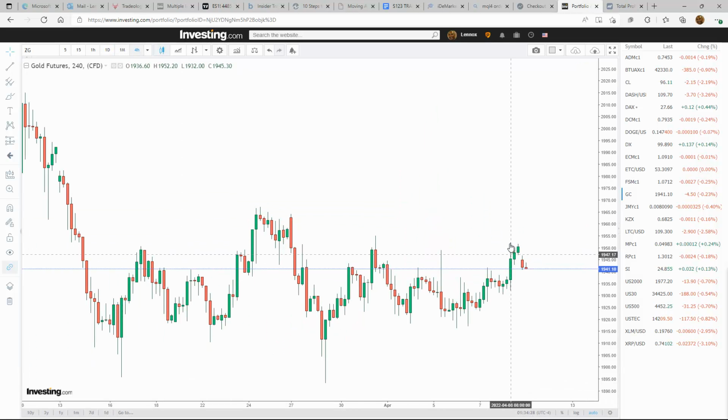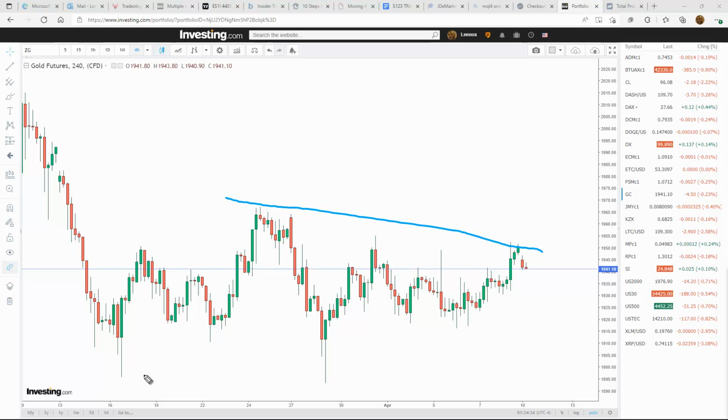And you can see it's turned and is heading to the downside. So we're inside of a large triangle, and we're looking for price to push down towards the bottom of that lower triangle line. All right, so continued pressure on gold.